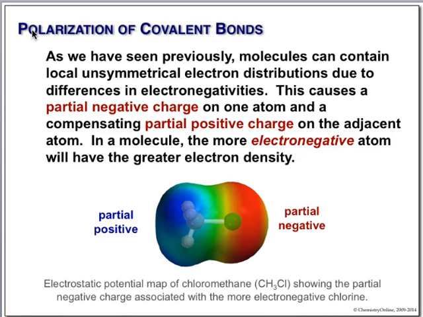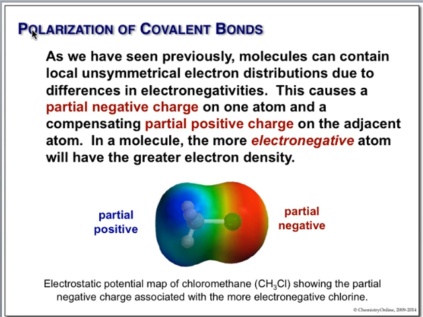Let's go back to old general chemistry and just review what we know about polar covalent bonds, because polar covalent bonds are very important in organic chemistry. They're the kind of things that make all of this stuff work. This is bromomethane.